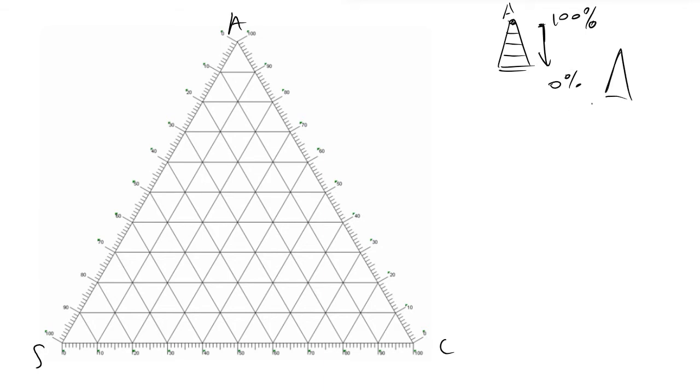If we examine how our solvent weight fraction evolves with respect to the distance from this bottom left vertex, we will have 100% at the leftmost vertex and 0% everywhere along this side here.